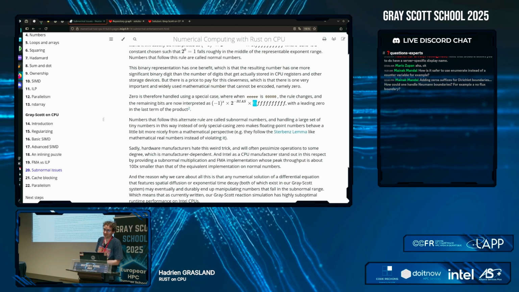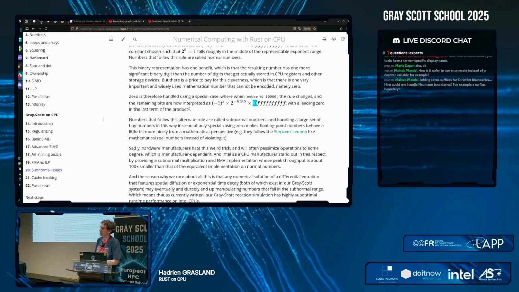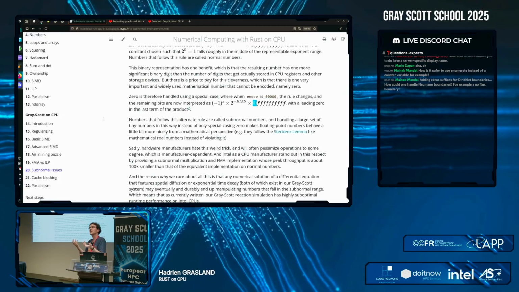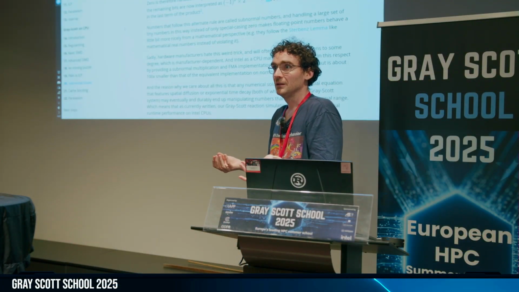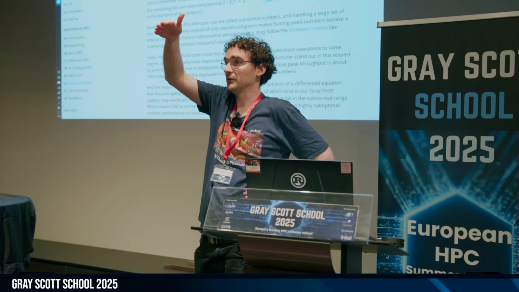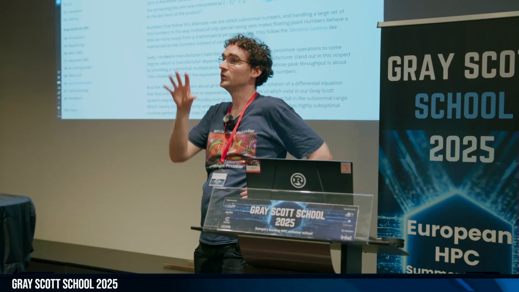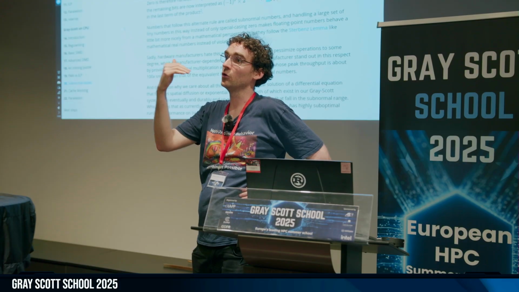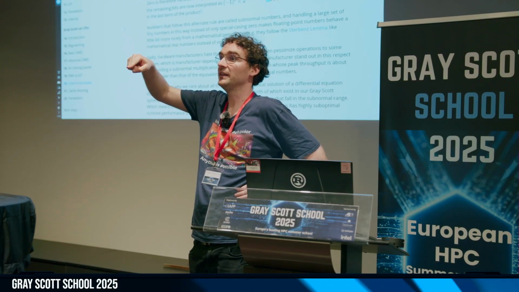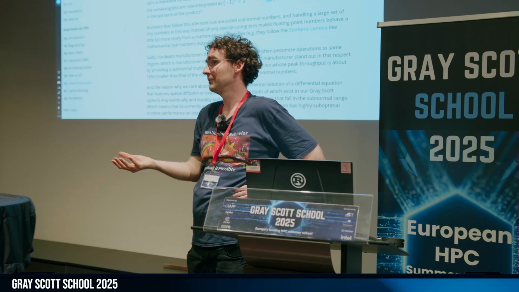Now you may ask, when do we have subnormal numbers? When do these naturally emerge in our computation? Take an exponential decay series for a number. You know, you take a number, you multiply it by a number lower than 1. At some point, as it decays, if the decay is slow enough, it will enter the subnormal range. That's inevitable.